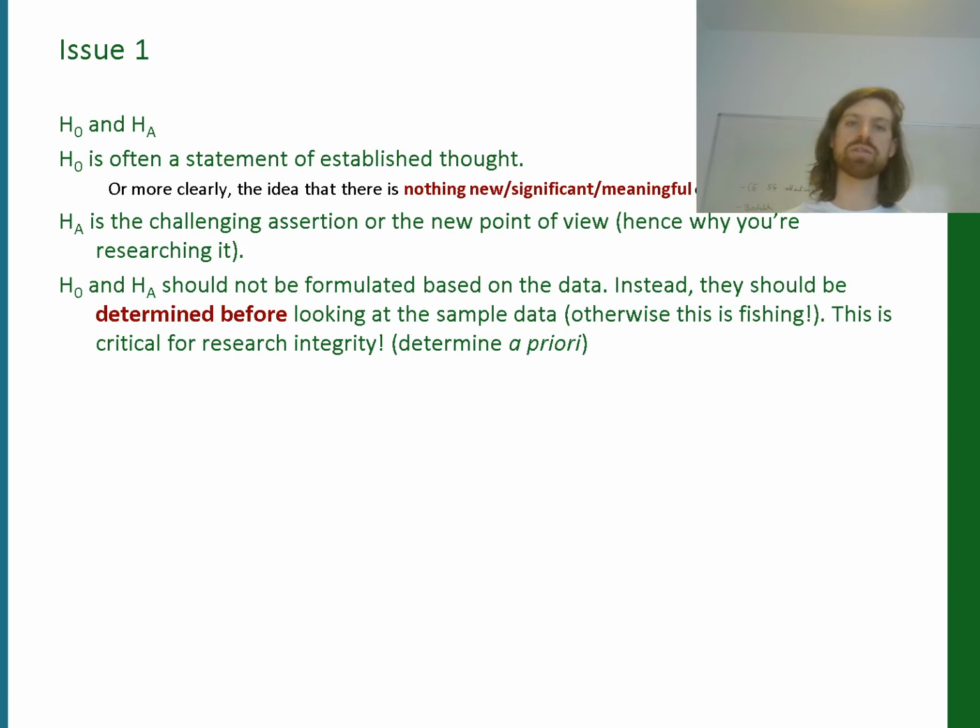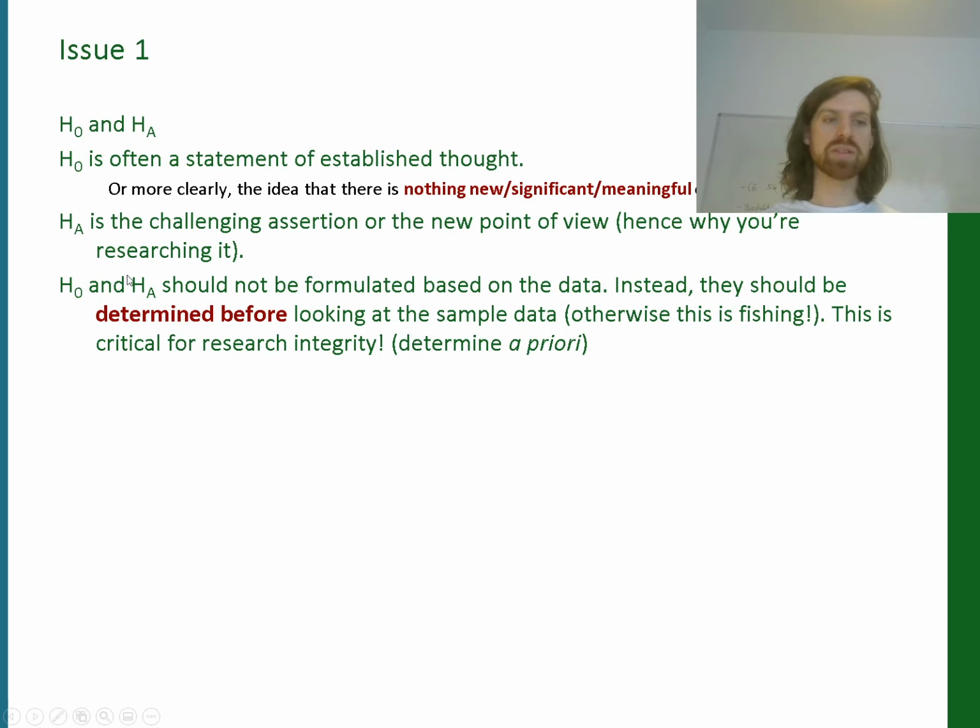It's just the starting point, the baseline for all of our statistical testing, okay? Whereas the alternative hypothesis is actually challenging that assertion that we have, or perhaps it's a new point of view, hence why you're researching it, okay? So this is somewhat different from the baseline, the day-to-day assumption as to how the world works. Maybe there's no relationship between these two particular factors, okay?